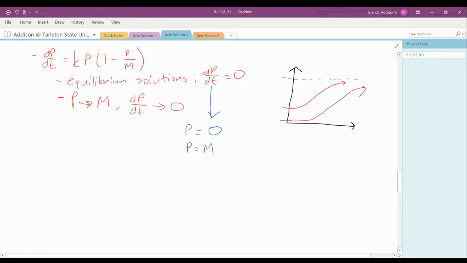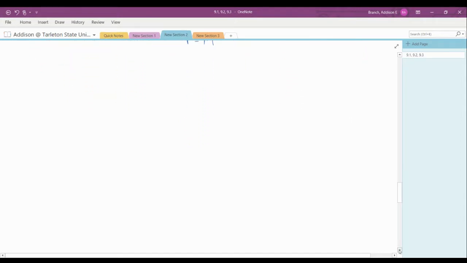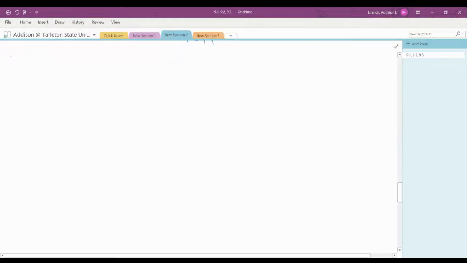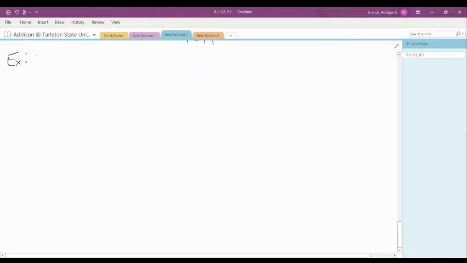So let's just do a quick example working with this. For this one, we're given the logistic model dP over dt is equal to 1.2 P times 1 minus P over 4,200.